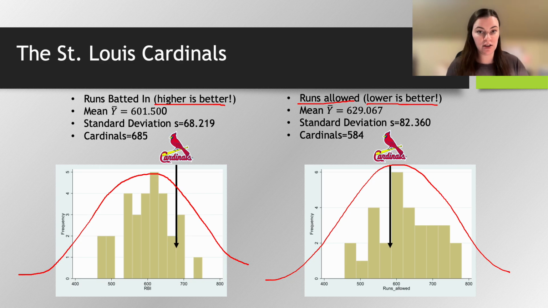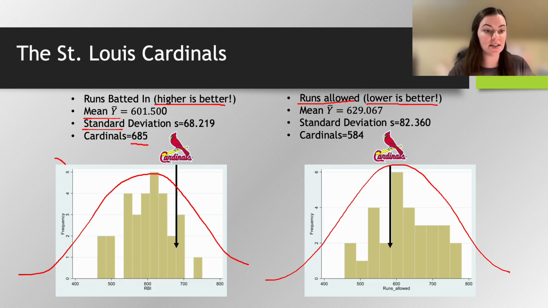I've already done the heavy lifting for us in terms of calculating what our mean and standard deviation are, and then this is our individual observation. So how many RBIs did the St. Louis Cardinals have? They had 685 in this season. And what you're looking at in terms of the distribution here is all of the other teams within Major League Baseball.